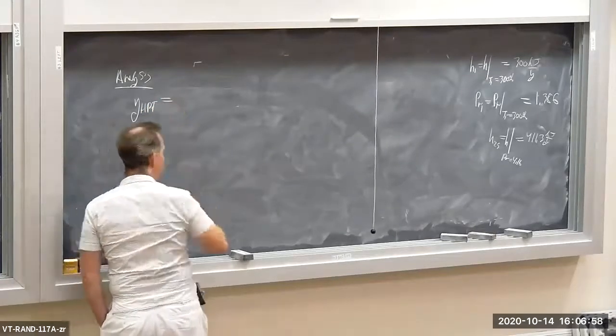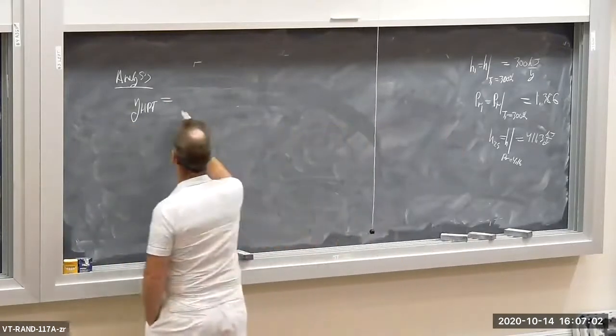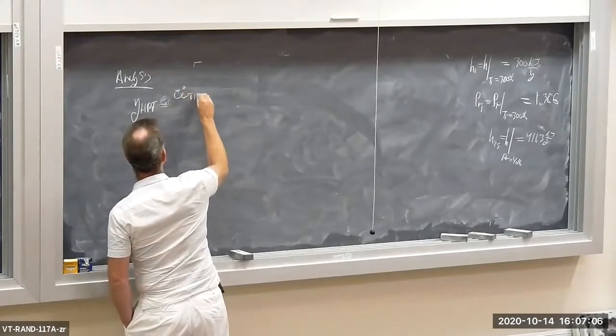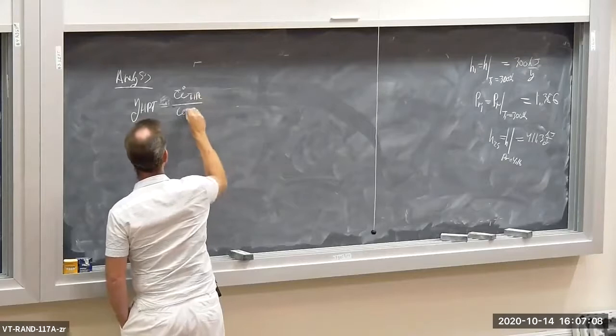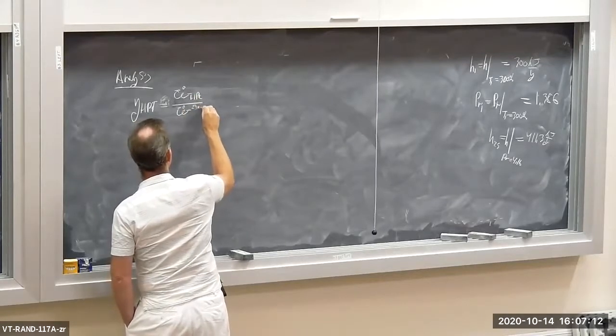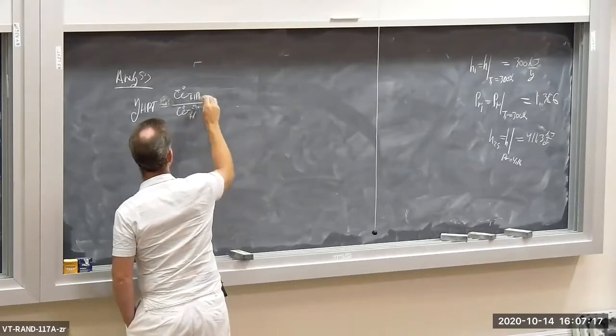The isentropic efficiency for the high pressure turbine is defined as the actual power output, W dot HPT, divided by the maximum, which is from the isentropic high pressure turbine.